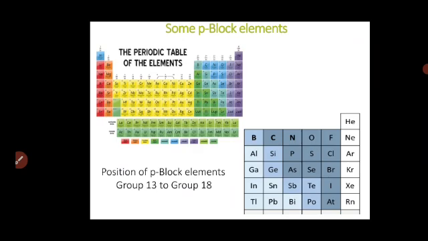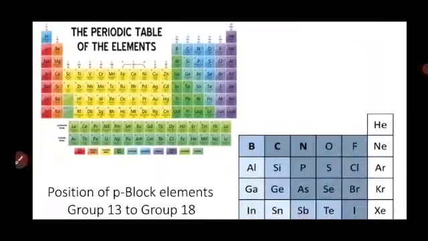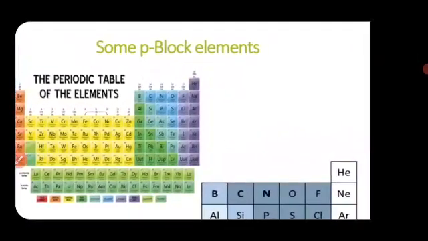Like that, now P orbitals, there are total how many P orbitals? Px, Py and Pz, that is 3 orbitals. Each one contains 2 electrons. So maximum capacity is how much? 6 electrons.